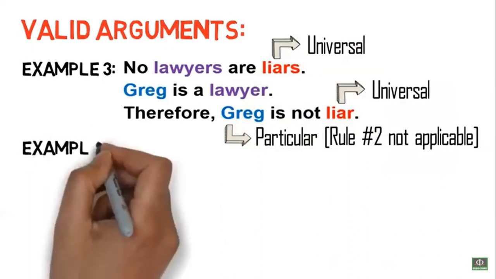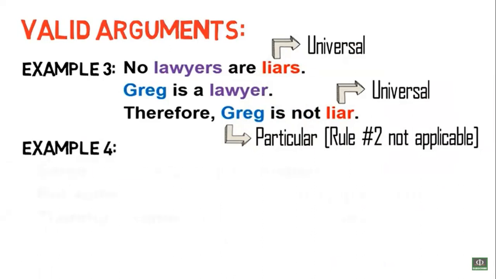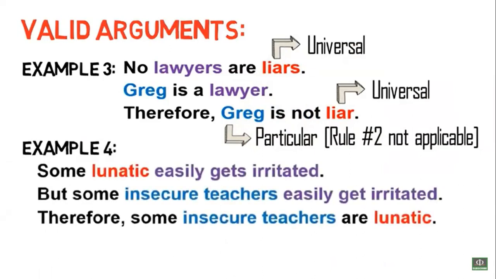Here's another example of a valid argument in the context of rule number 2 of the 8 rules of syllogism. Some lunatics easily get irritated, but some insecure teachers easily get irritated. Therefore, some insecure teachers are lunatics.